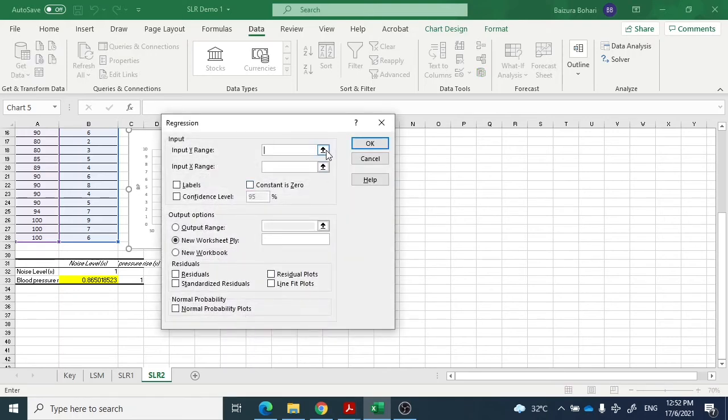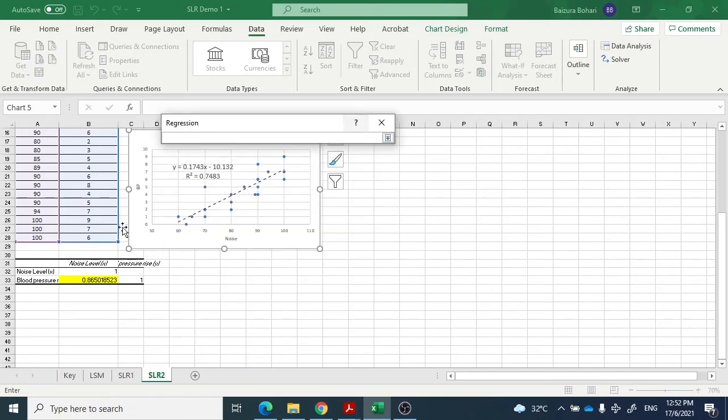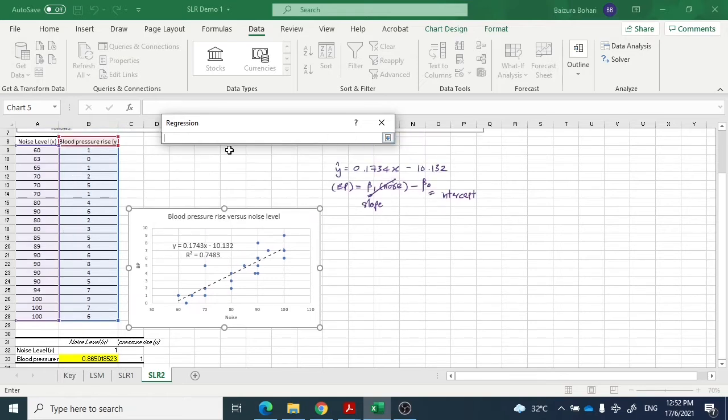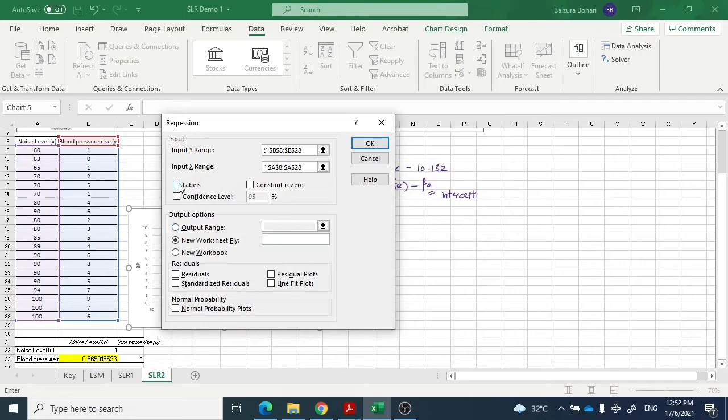So the input Y range, select the data here, and then the input X range, select noise level, then labels.